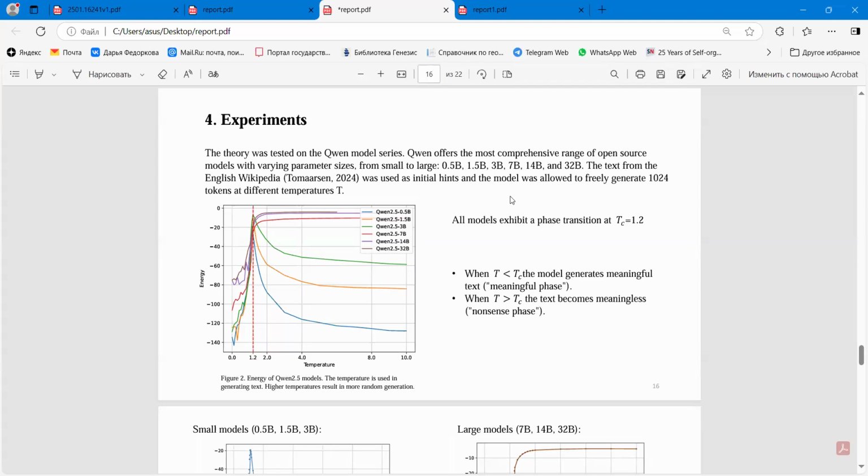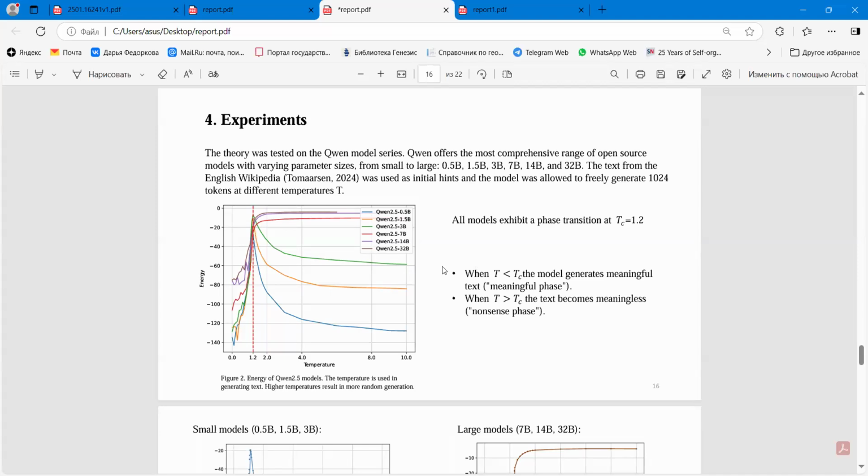The text from English Wikipedia was used as initial hints, and the models were allowed to freely generate 1024 tokens at different temperatures T. And what we can see, all models exhibit a phase transition at temperature equals 1.2.